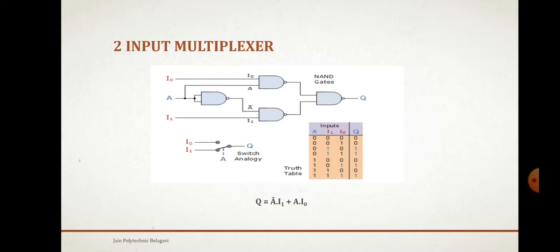The logic circuit consists of four NAND gates connected in a circuit. There is only one select line, A, and I0 and I1 are the inputs. Depending on that, if the select line is 0 and I1 and I0 are 0, Q will be 0.